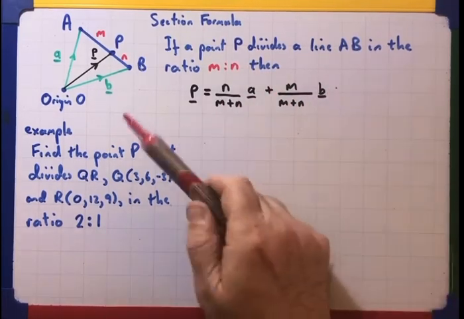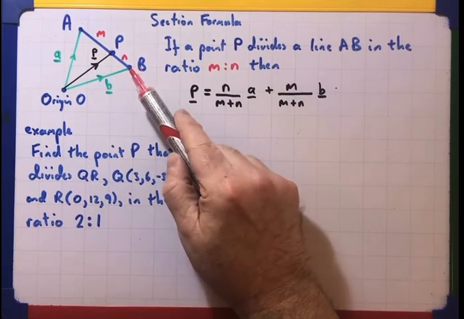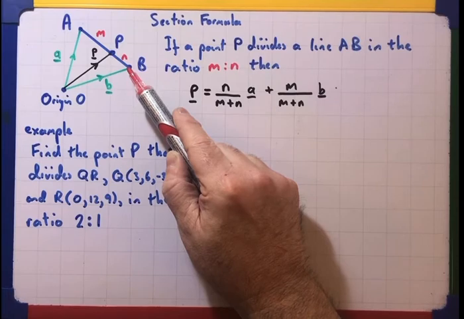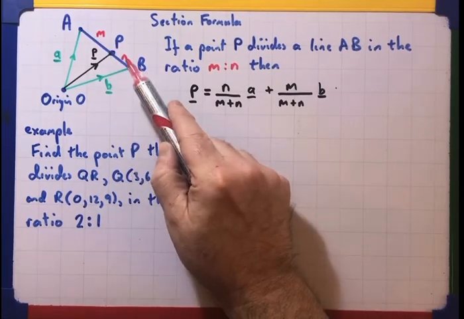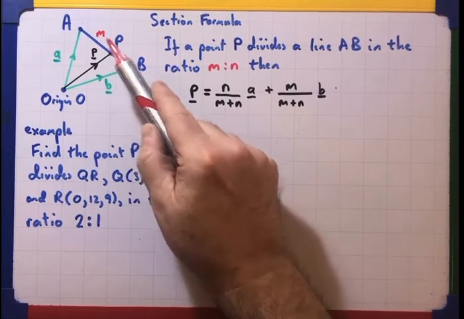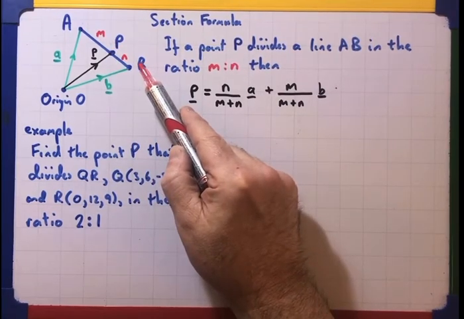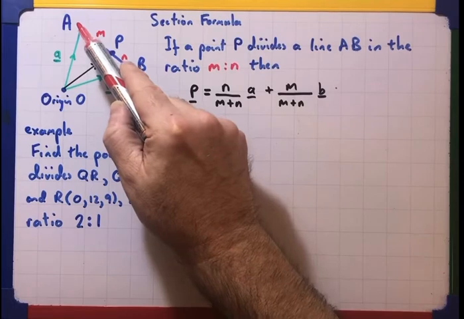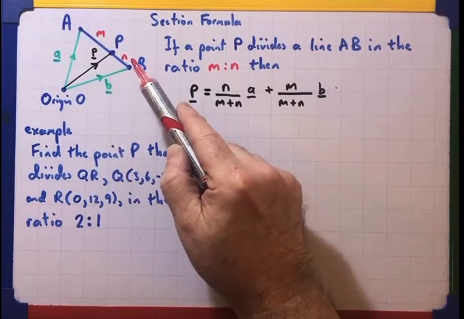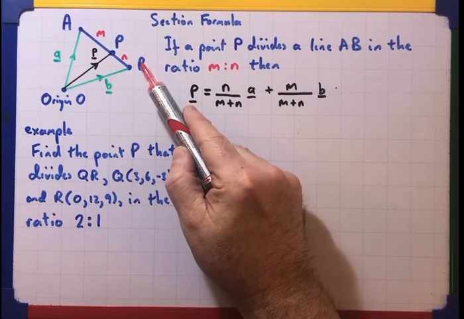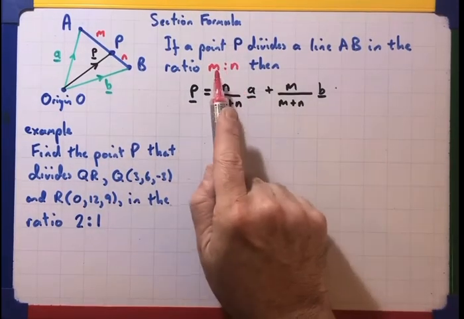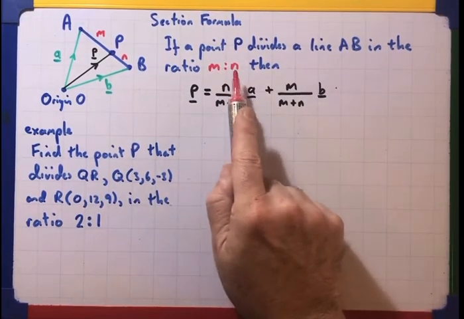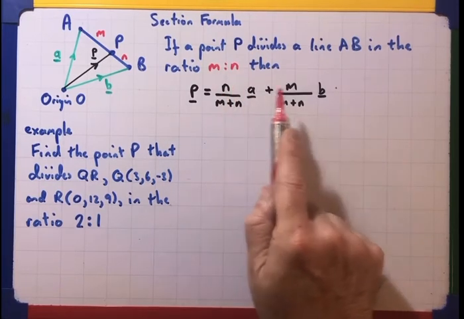This is because the closer it is to a point, the more of that point it must have in it. So if that was 3 and that was 1, you'd need to have 3/4 of the vector B and only 1/4 of the vector A, because the more of B it has in it, the closer it is to B. So that's why these are the other way round from what you might initially imagine.